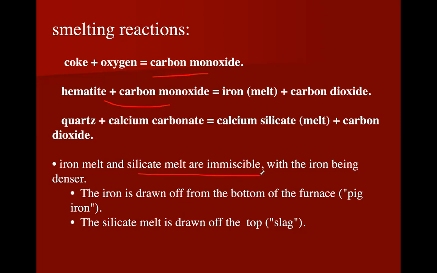It does not mix with the iron melt. The silicate melt is immiscible, so you can remove the iron melt separately, easily. That is why these smelting processes are taking place, right?